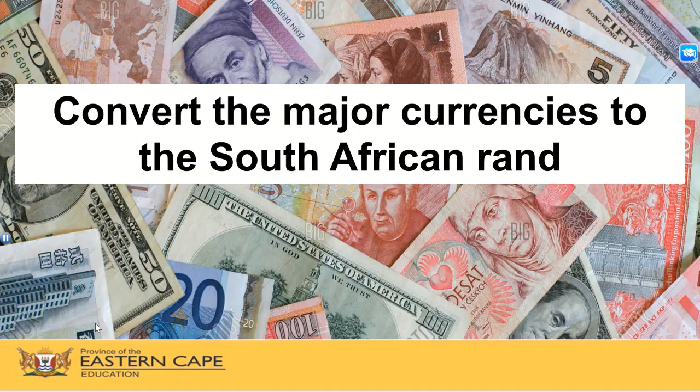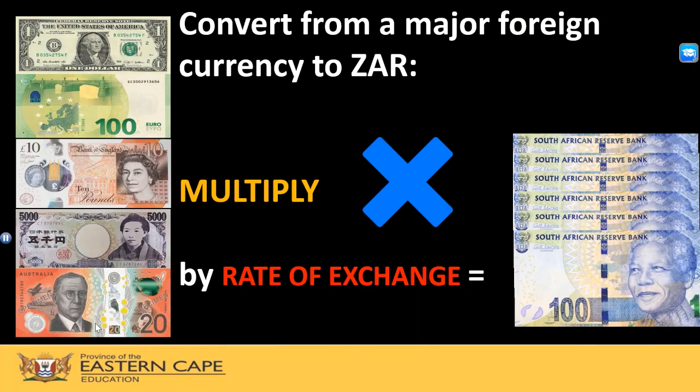Then the next step in our calculations is when we are required to convert the major currencies to South African rand. So we now have X amount of pounds, or Z amount of dollars, or Y amount of euros, and we want to know the amount of South African rand that equates to. Take a look at your screen.